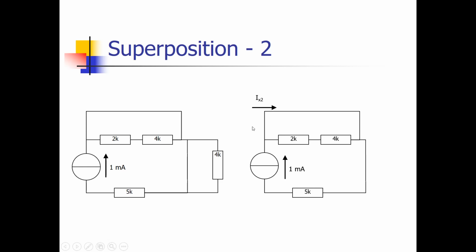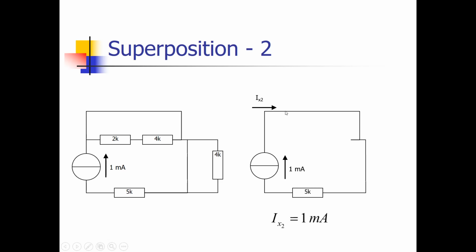We are interested in the current flowing over here, and again here is 6K parallel to a short circuit of 0 ohms, so we can leave this 2K and 4K out, and this is the remaining circuit we have. So 1 milliamp flows in this direction, back to the current source, so the contribution of this current source to the current we want to know is 1 milliamp, because it's flowing also over here.